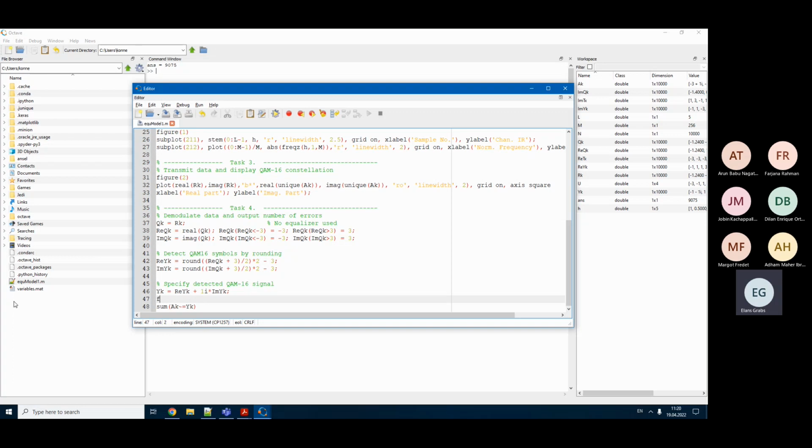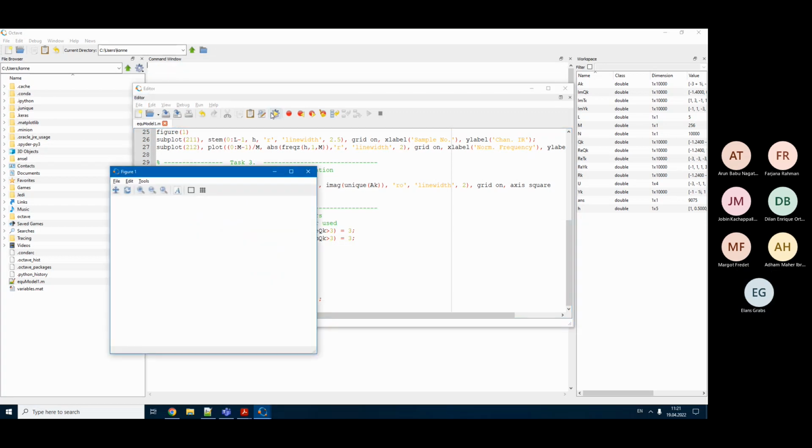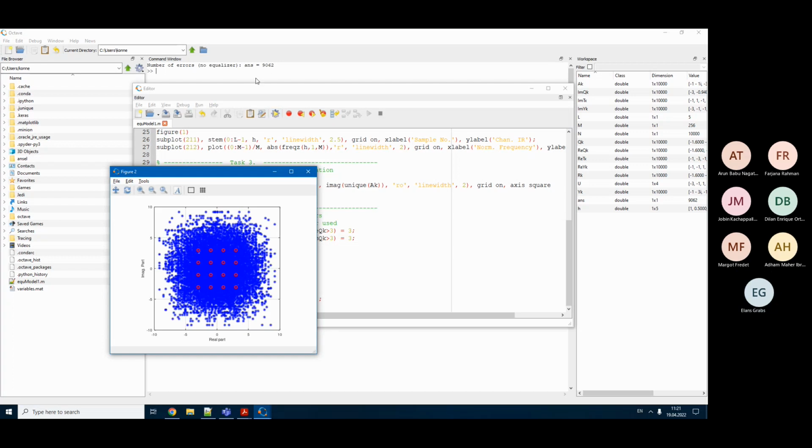Yes, so we can add some message, fprintf number of errors. So no equalizer. And then output the results.